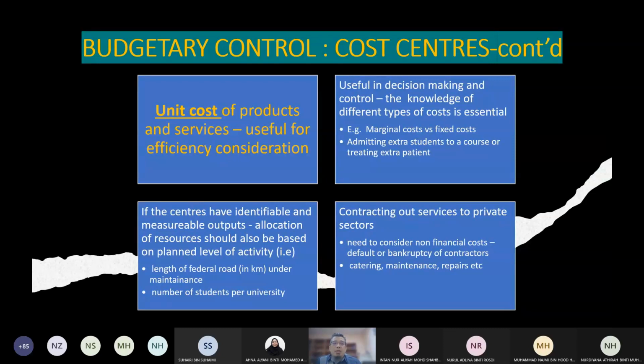Basically, number of students plays a role in providing the budget, because with more students, definitely you need more budget. As simple as that. That reflects the level of activity. Contracting out services to the private sector needs to consider non-financial costs and other information. Because definitely for a cost center, in how they manage their organizations or entities, contracting out of services is one of the options.